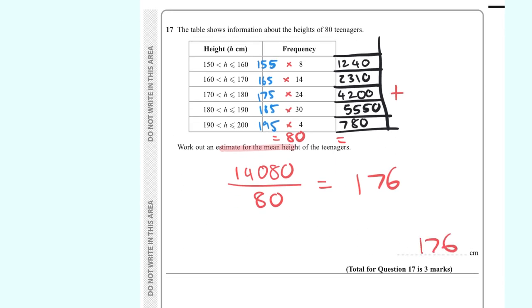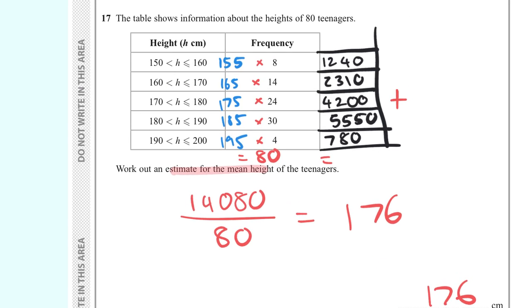And it is an estimate. It's not exact because we're guessing all of these. We're saying, let's just say everyone's in the middle, that might account for some a bit bigger, a bit smaller. So it's just an estimate. We don't know if that's the exact answer, which is why if you ever get asked for an estimate of the mean, it's probably going to be in a case like this where you've got a table, because otherwise they're pretty exact.